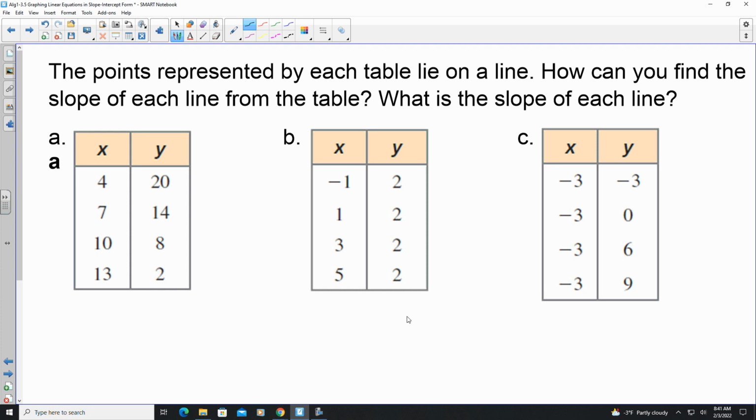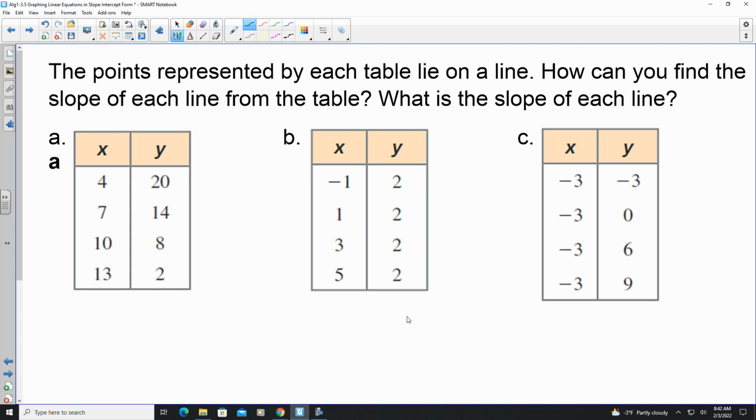All right, so now looking here, it says the points represented by each table lie on a line. How can you find the slope of each line from the table? What is the slope of each line?